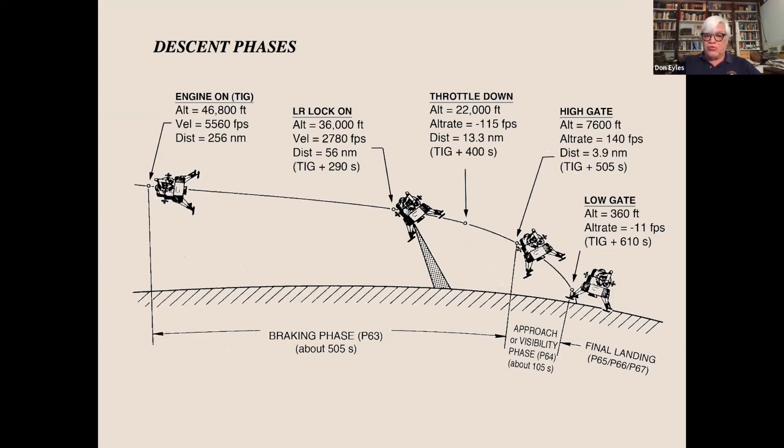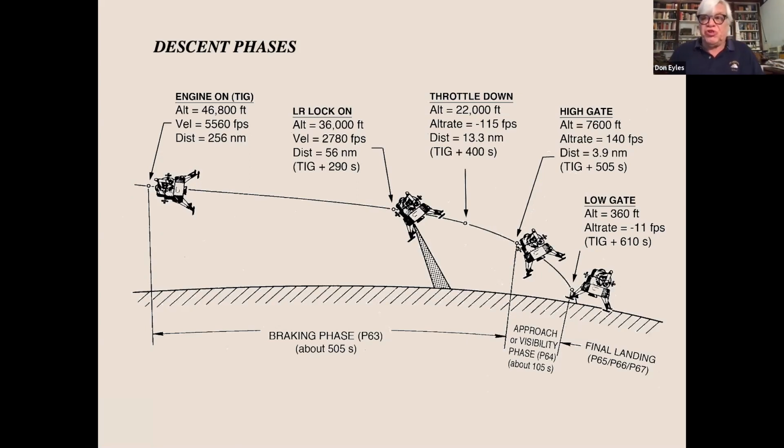He decides to use his stick and rudder skills instead of letting the automatic guidance take him all the way down to the 100-foot altitude. He would then maneuver to be directly above the spot where he wanted to touch down and descend. I called it the semi-automatic phase.